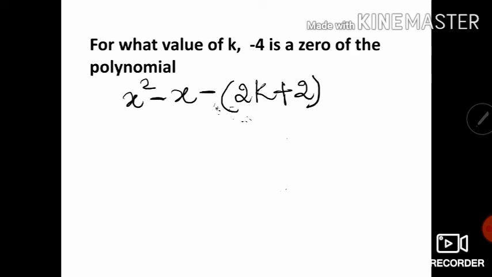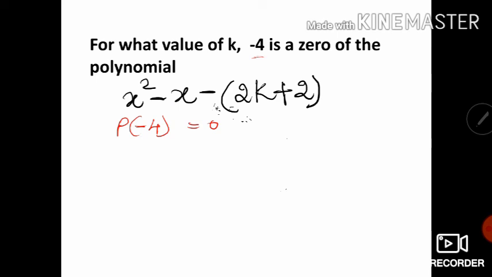Try this problem now. For what value of k minus 4 is a 0 of polynomial x square minus x minus 2k plus 2 in brackets. For minus 4 to be 0 of this polynomial, p of minus 4 should be 0.